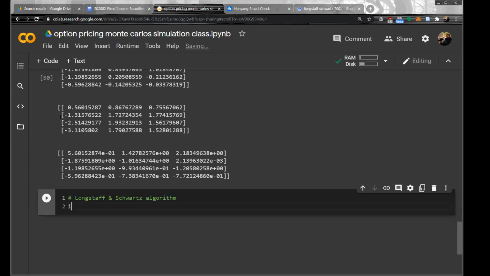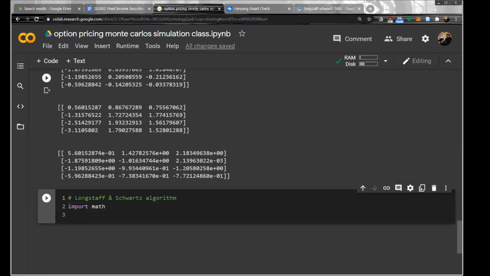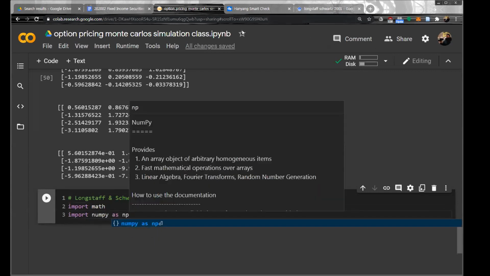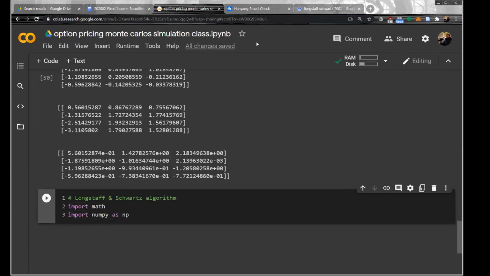So let me import math, and then let me start from the beginning and import numpy as np.